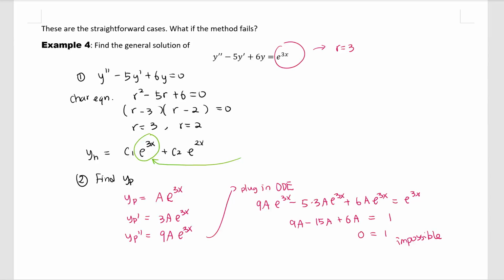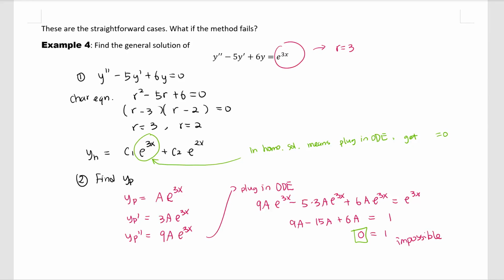That means when we plug it into the ordinary differential equation, we get 0, because it's in the homogeneous solution.